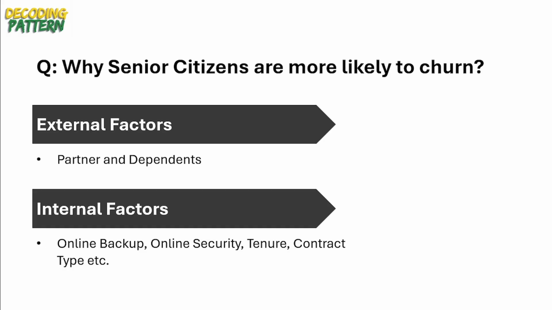But if we look at the internal factors, the online backup, online security, tenure and contract type, and there are lots more, we can control the internal factors and find out what factors are causing the senior citizen to leave our service and what we can offer our senior customers so they can stay connected to our service.